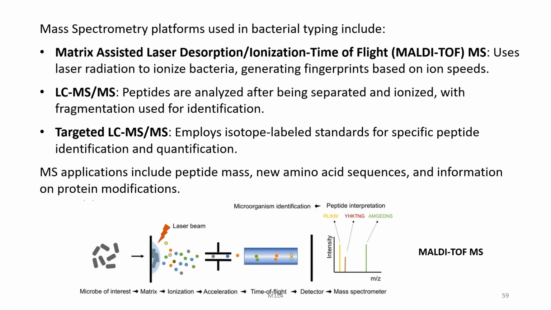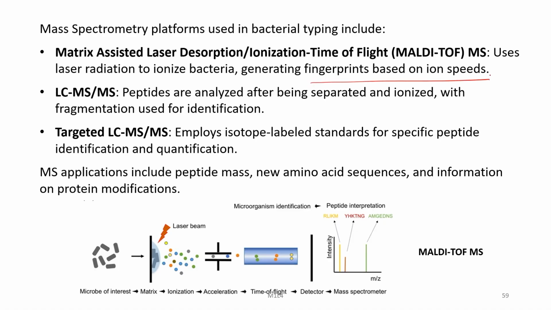Mass spectrometry platforms used in bacterial typing can be several. For example, like we use matrix assisted laser desorption ionization time of flight mass spectrometry or MALDI-TOF MS. This uses laser radiation to ionize bacteria, generating fingerprints based on the ion speed. Then we have LC-MS-MS.